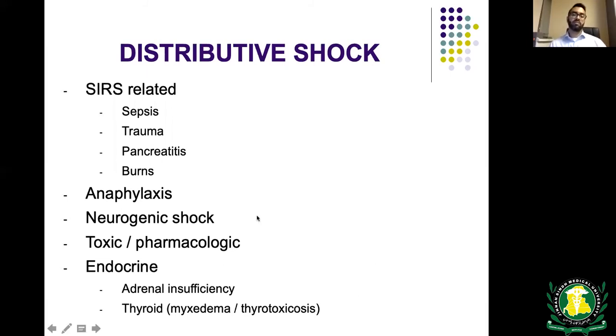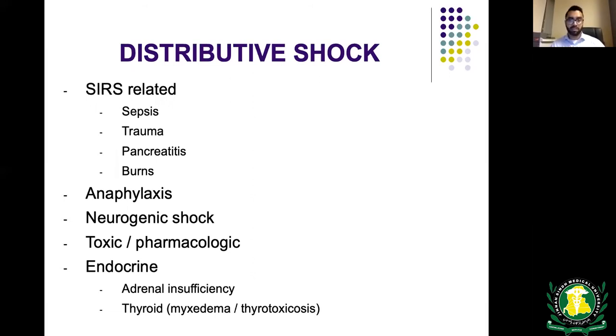But there are various subcategories. Sepsis, when the SIRS is driven by an infective etiology. Trauma, anytime the body goes into severe stress, can induce this systemic inflammatory response syndrome. Trauma could be even surgical.